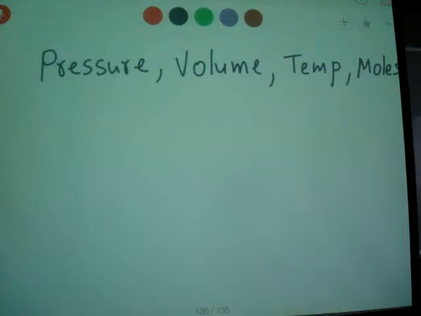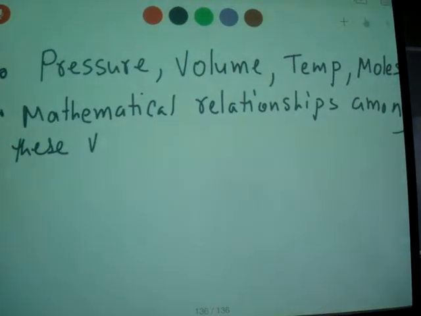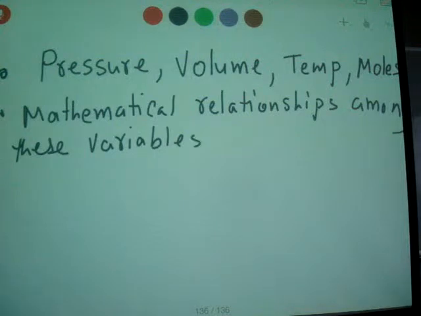Now, a mathematical relationship among these variables, and properties of gases can be discovered.